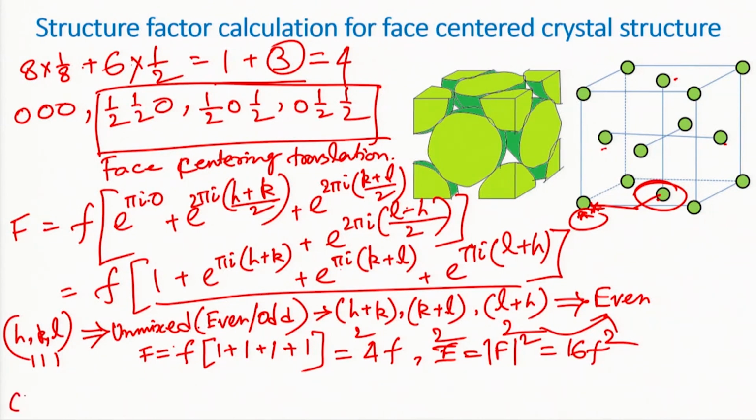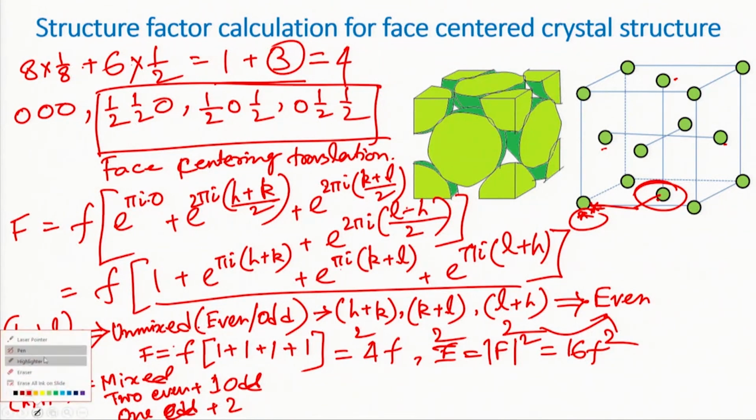Another condition can be HKL, where this is mixed, and mixed means, what does mixed mean? Two conditions can happen, of course: either 2 even plus 1 odd, or 2 odd plus 1 even, sorry, 1 even.